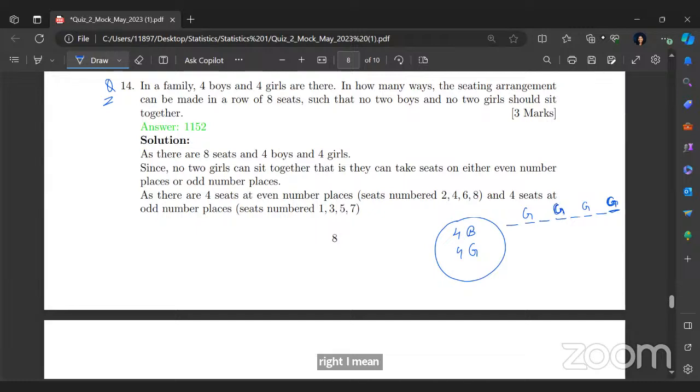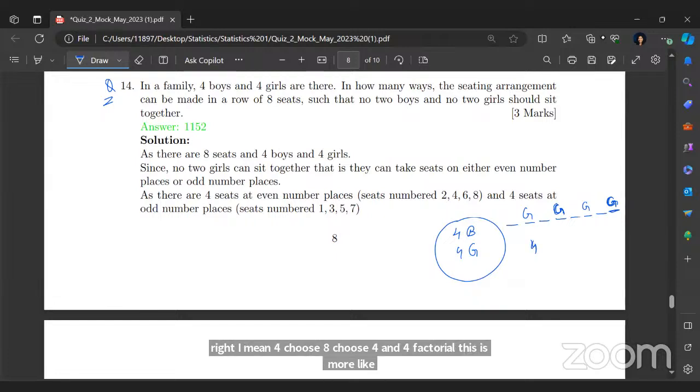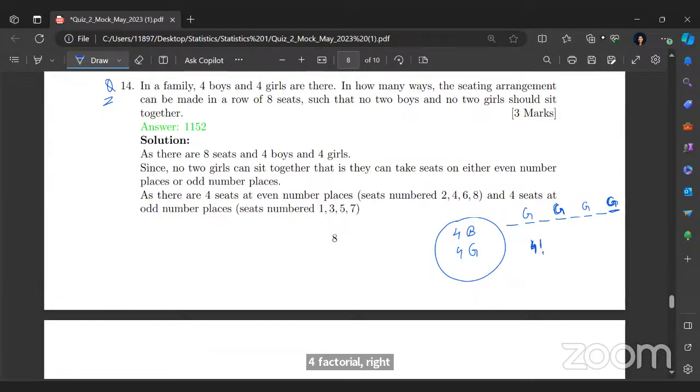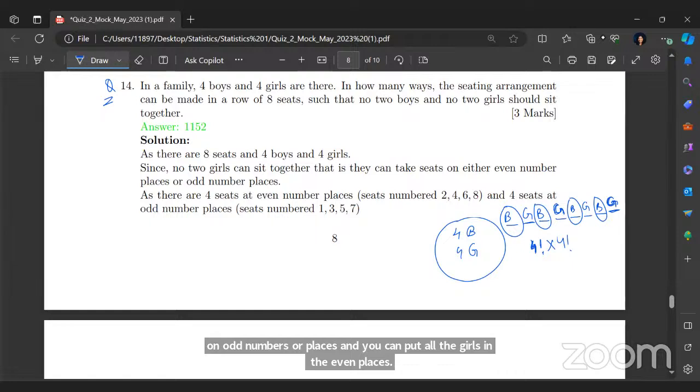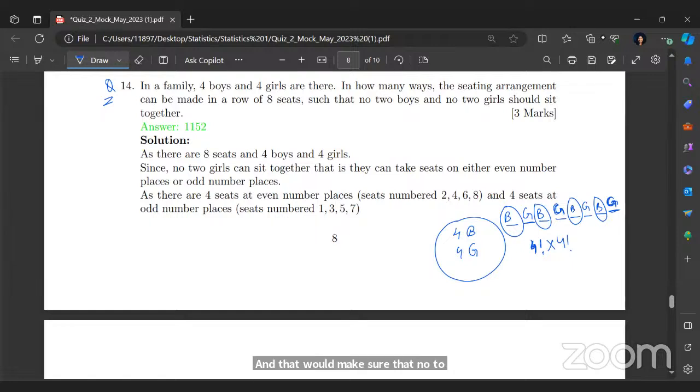So in 4 factorial ways, you can arrange girls in this fashion, and similarly, in 4 factorial ways, you can arrange boys in this fashion. You can put all the boys on odd places and all the girls in the even places. That would make sure that no 2 girls and no 2 boys are sitting together.